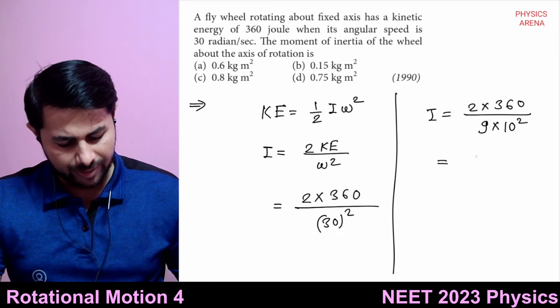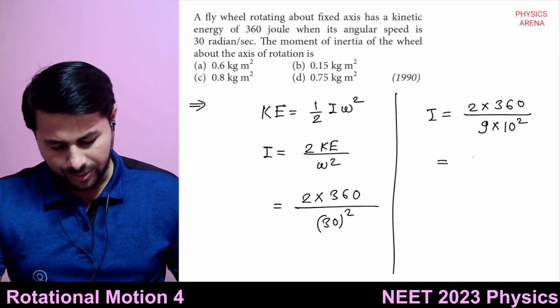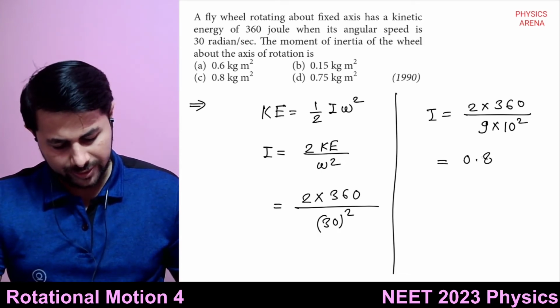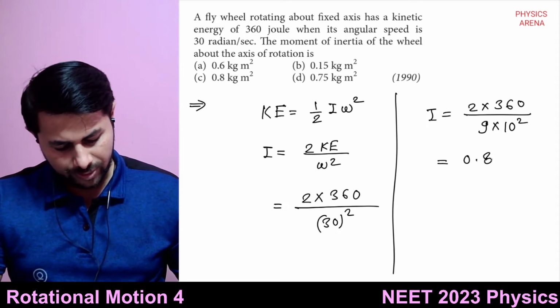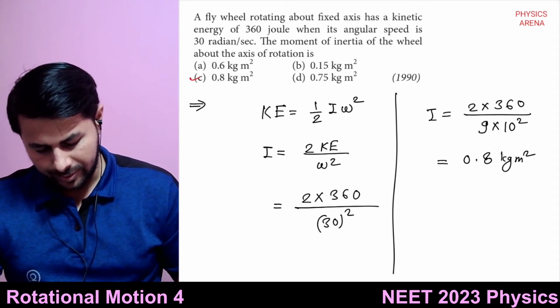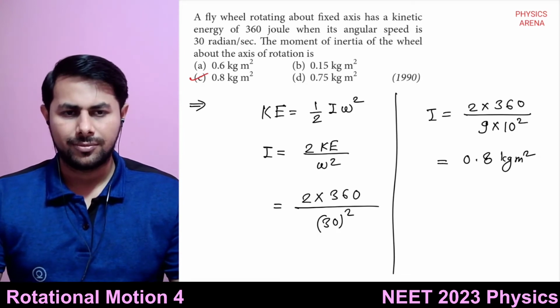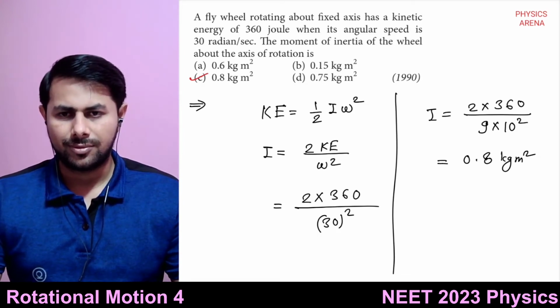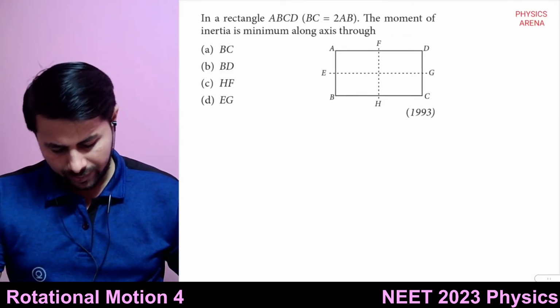So 80 multiplied by 10 raised to minus 2, or 0.8 you can say. 0.8 kg meter square. This is the answer. Option C. Right. Let's see next one.